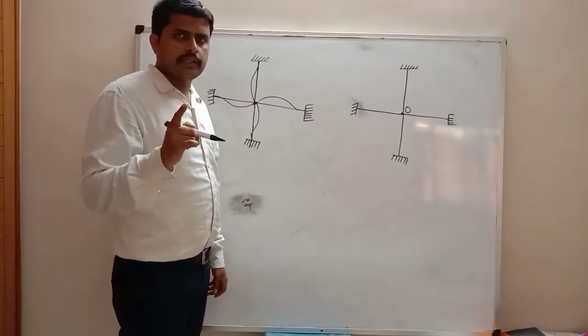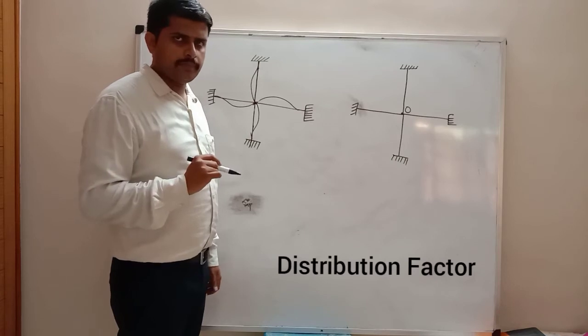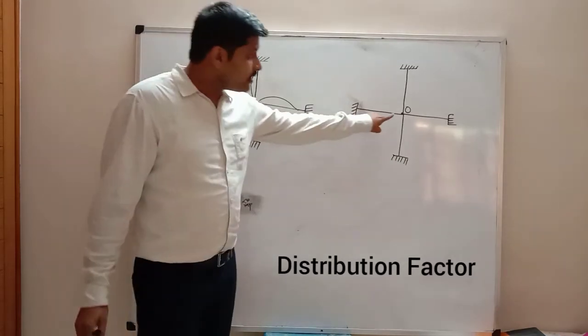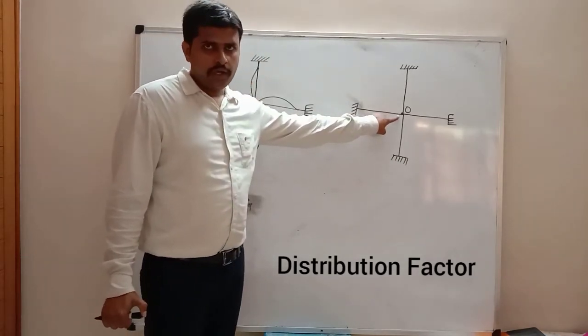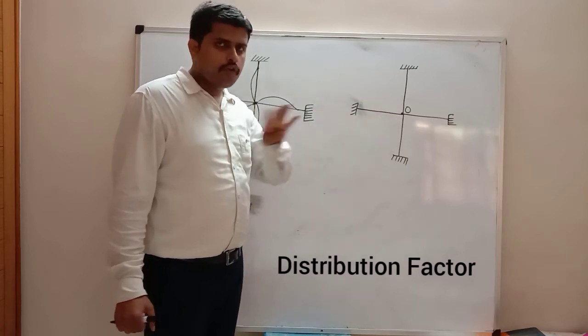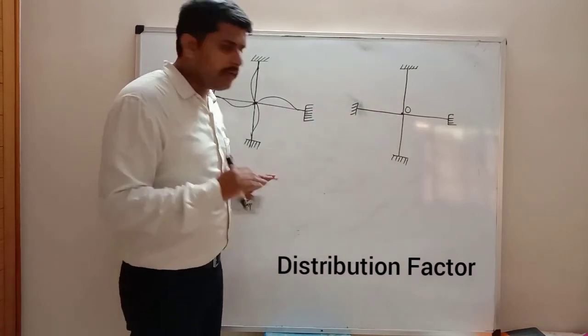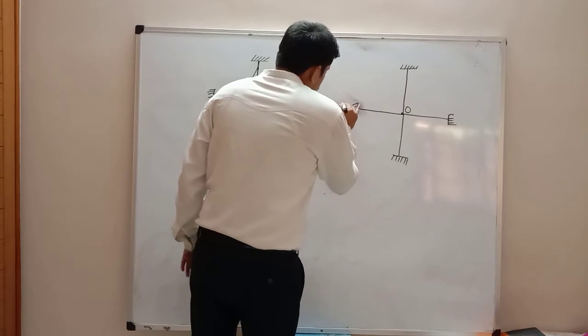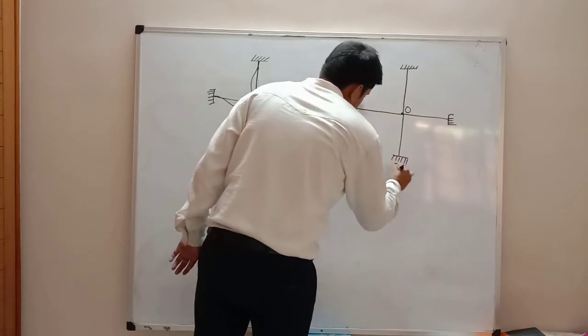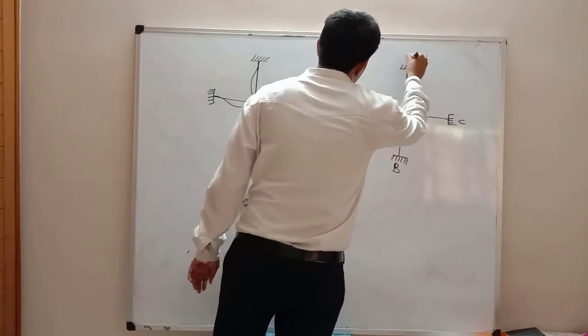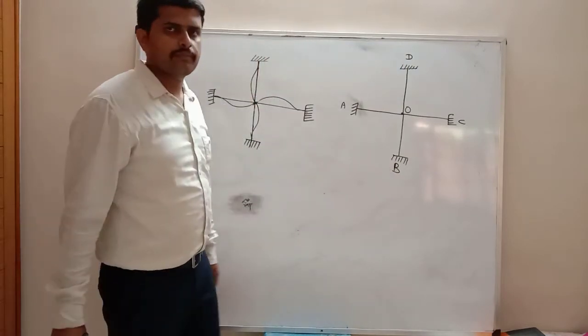Now we will consider a distribution factor. For that, consider a rigid joint O in which 4 members are meeting. Member OA, member OB, member OC and member OD.